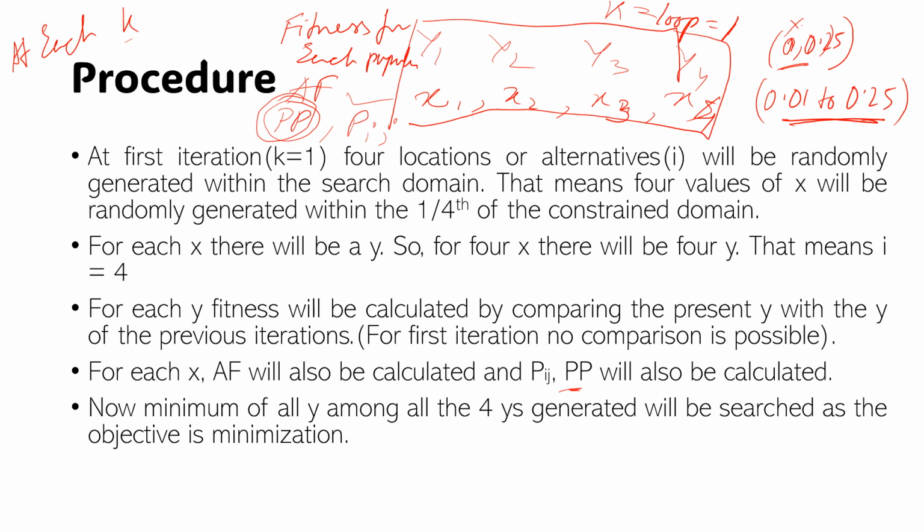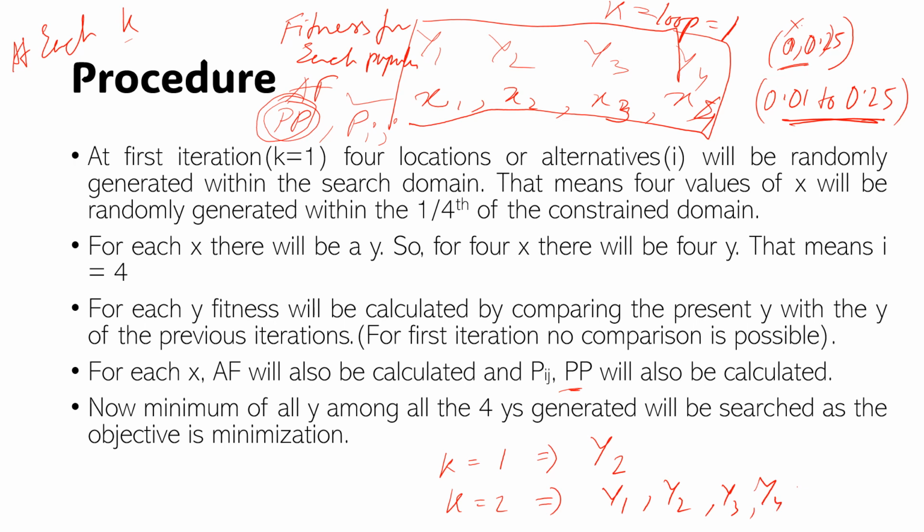After doing all this calculation, try to identify the minimum value of y among all the 4 y's generated and also the old y. That is, if at K equal to 1 you have already detected that y for the second population is the minimum, now at K equal to 2 you have generated again 4 y's, correct?